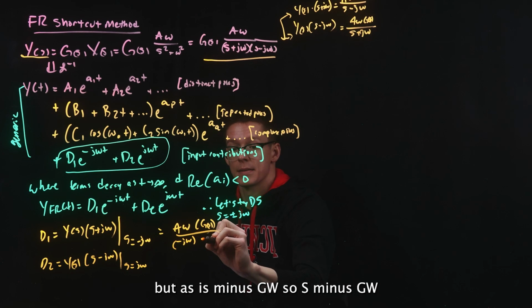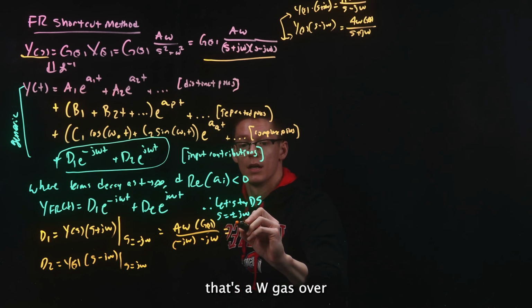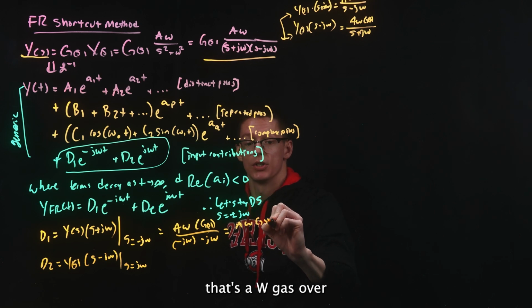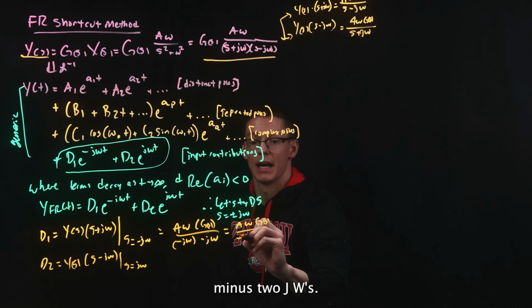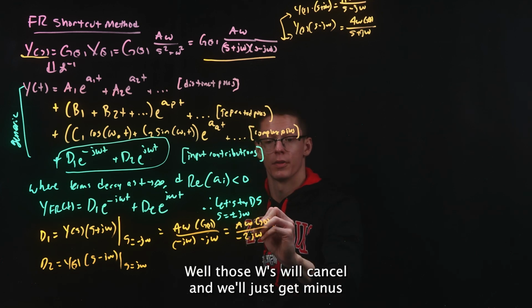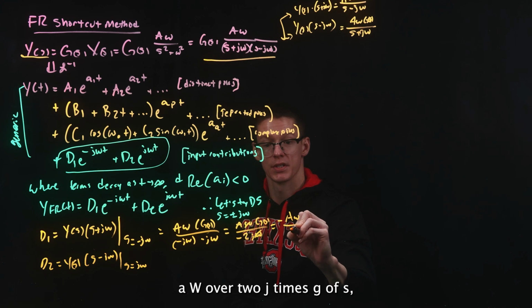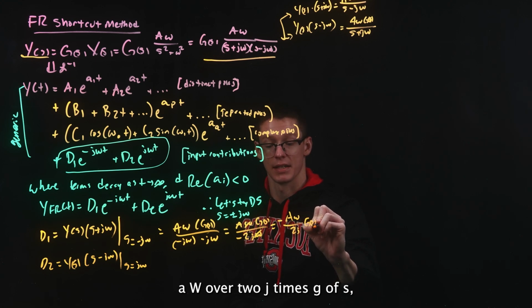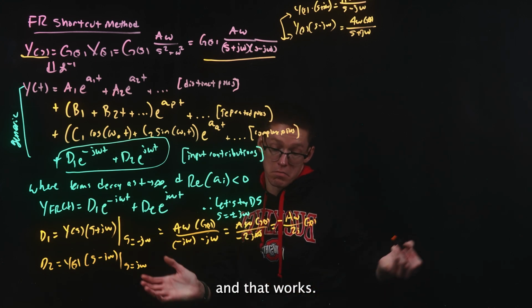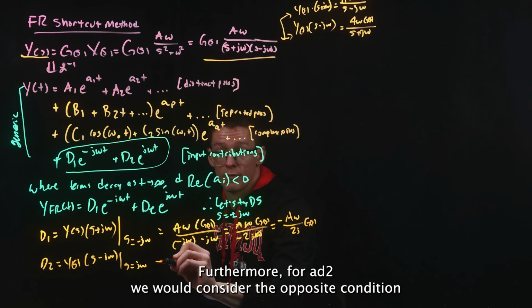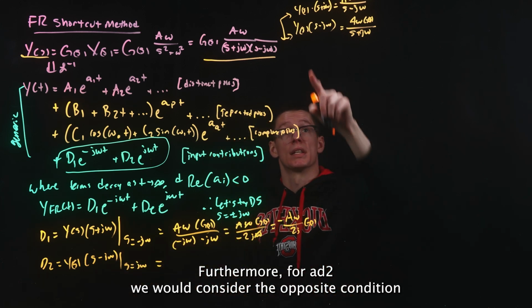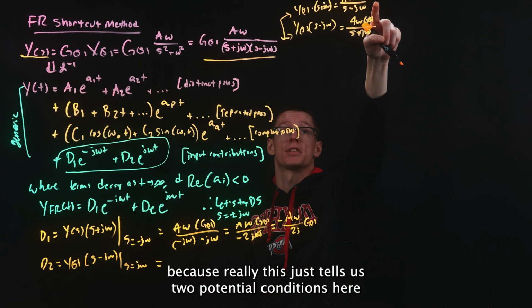So s minus jw, that's aw g of s over minus 2 jw. Well, those w's will cancel, and we'll just get minus aw over 2j times g of s.